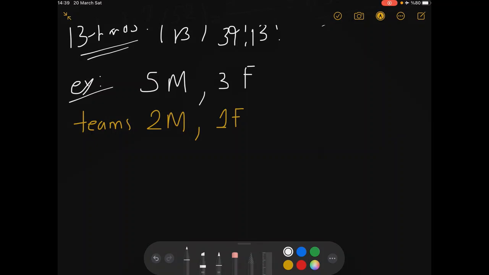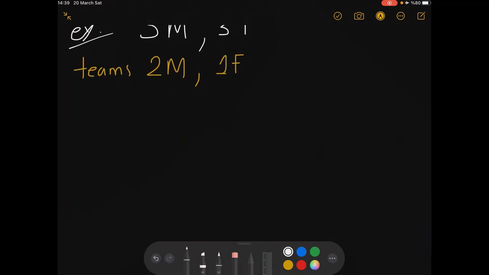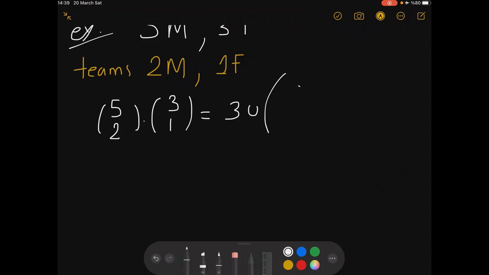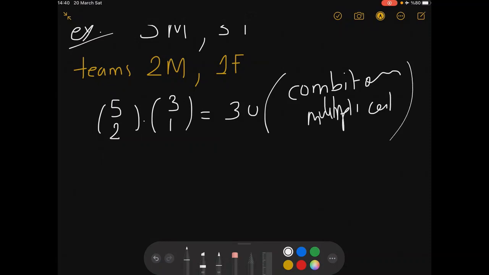You have 2 slots for males and 1 slot for females, right? For the male slots I need to choose 2 different people from 5 in how many combinations, and for the females it's pretty similar, and I multiply them because these events happen at the same time, so you end up with 30. This is a mixture of combination and the multiplication method.